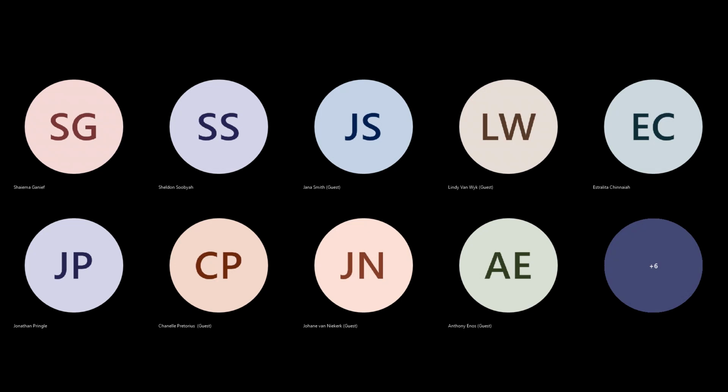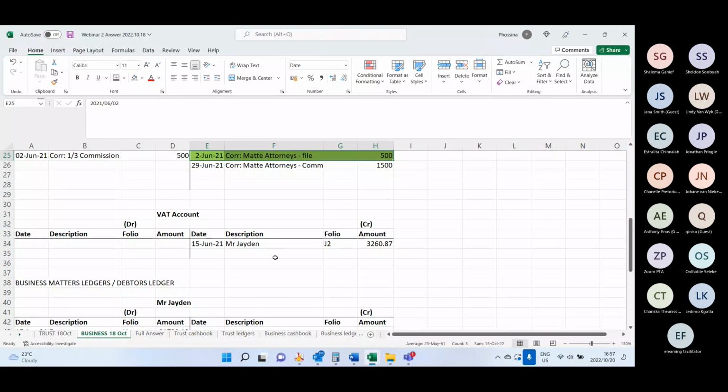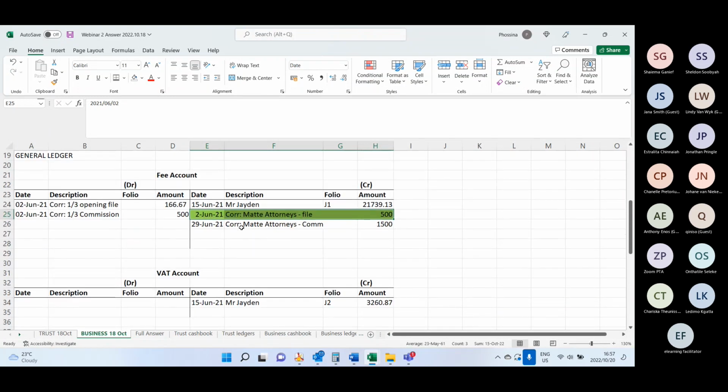Okay, all right. And then I was also saying that on our example, the one thing that I did not cover is the issue of VAT. So remember, our firm is registered for VAT, so you also need to account for VAT. So for example, on our fee, we received a fee of 500.